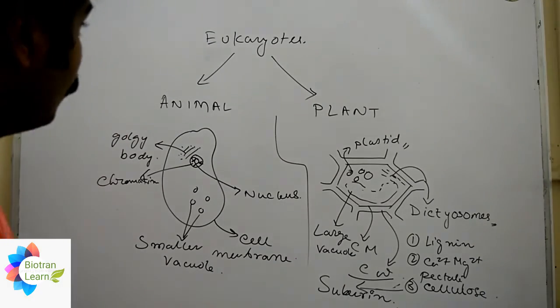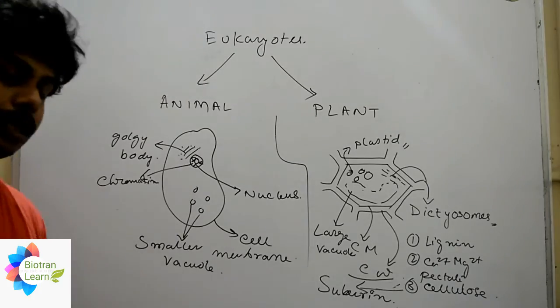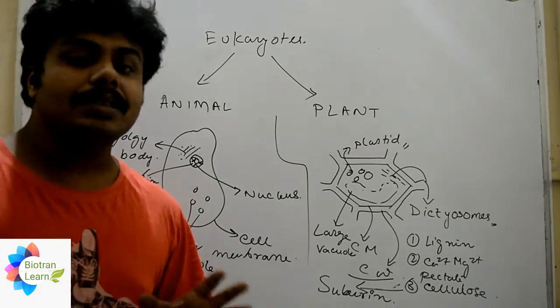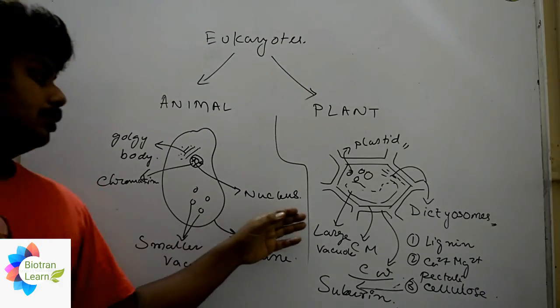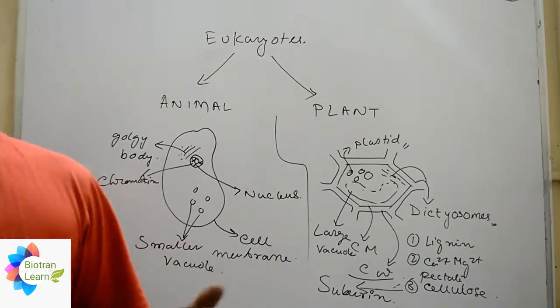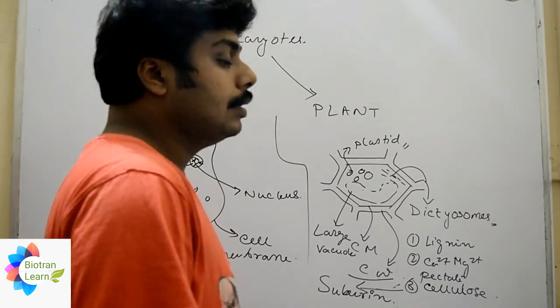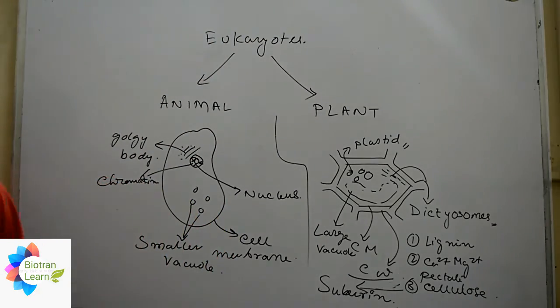Now, in our next topic, we will see the basic structures of these two, right? So let's move on to our next diagram. That is the structure of a particular cell.